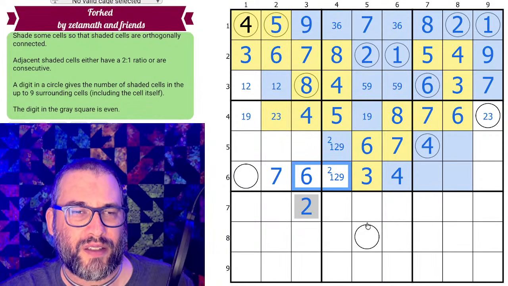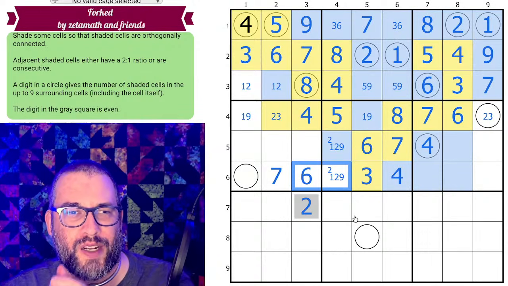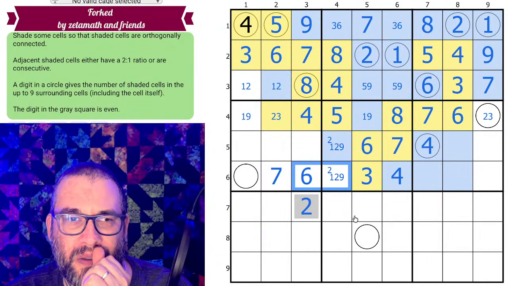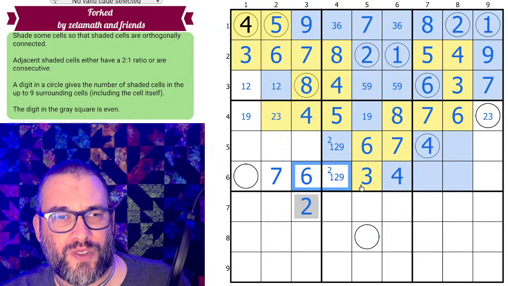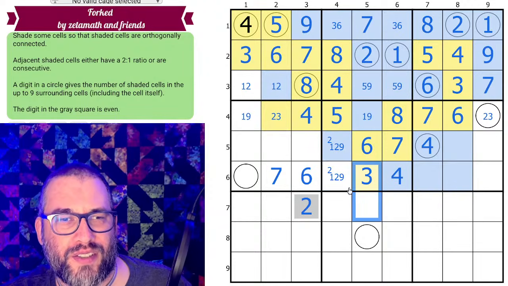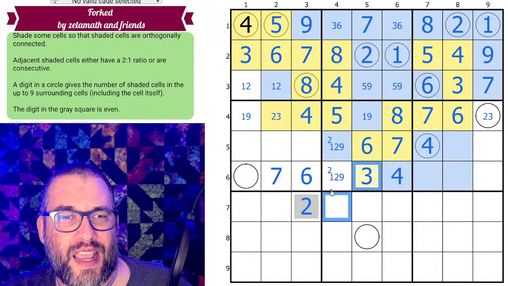These two can't both be shaded. So no matter what, this shading escapes into box 8.